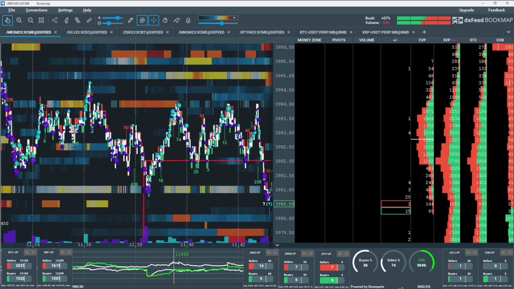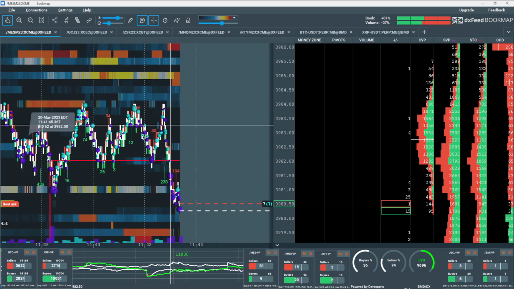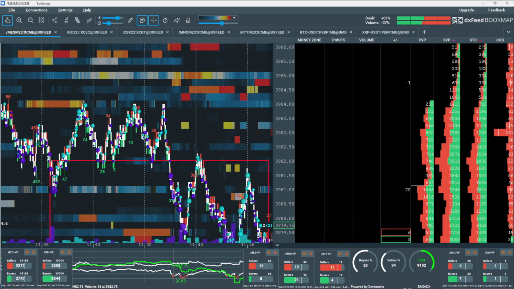Let me make sure. 39.83, right? So when it came back to 39.83, I entered short here again around this position, and then we broke down again. I entered short again. My last shorts were at 39.81.